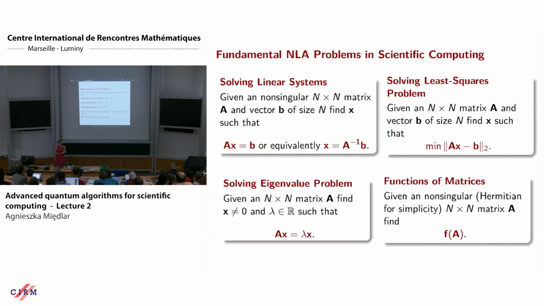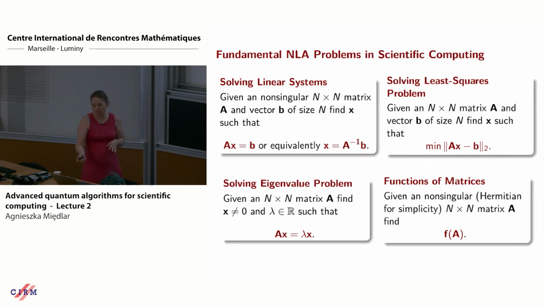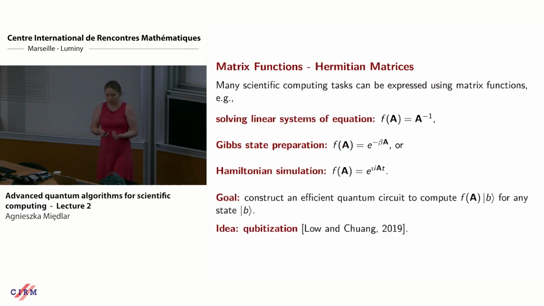So I will start with functions of matrices because these will allow us to introduce the concept of qubitization, which we'll need later on for, in particular, Krylov subspace methods, so methods of solving eigenvalue problems. So, matrix functions, and here I'm going to talk about Hermitian matrices because the formulations are much easier.